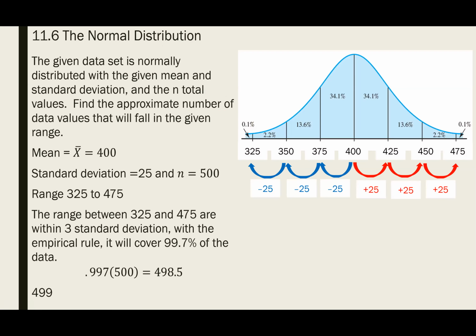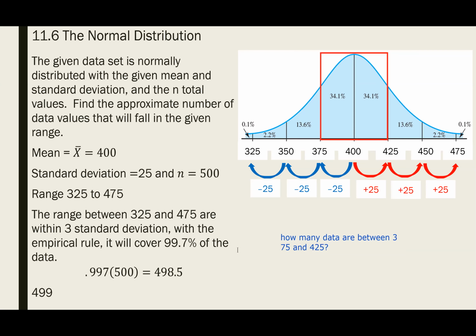Let me ask you a question: what if they ask you how many data are between 375 and 425? Everybody see that between these two numbers, 375 and 425, is within one standard deviation, which is 68%.